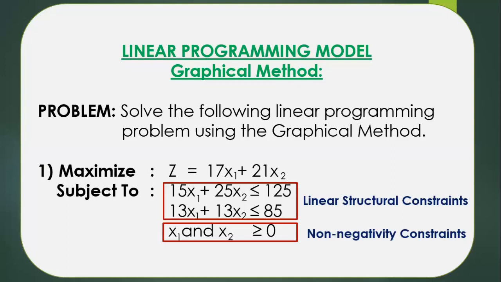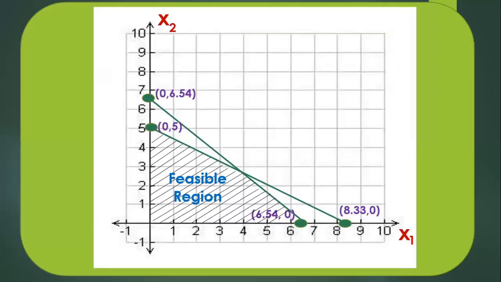Same with our second constraint. And so our feasible region should be below the lines which we have drawn on our graph sheet, below our two lines.